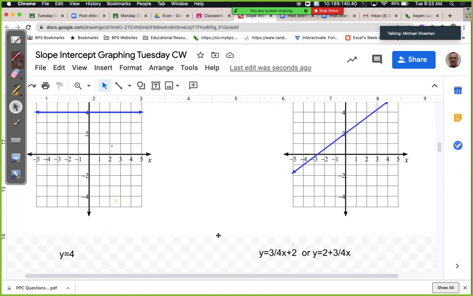So I'm just giving you a minute for people to finish up the one they're on, and then we'll take a look at the other ones. I can share my screen.